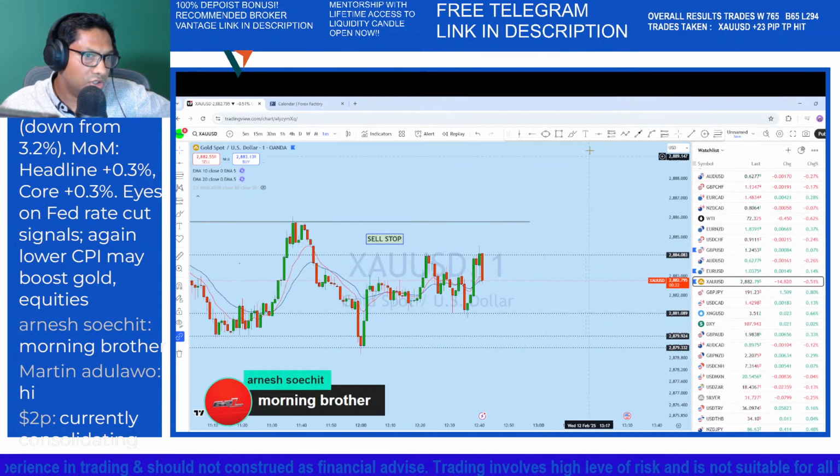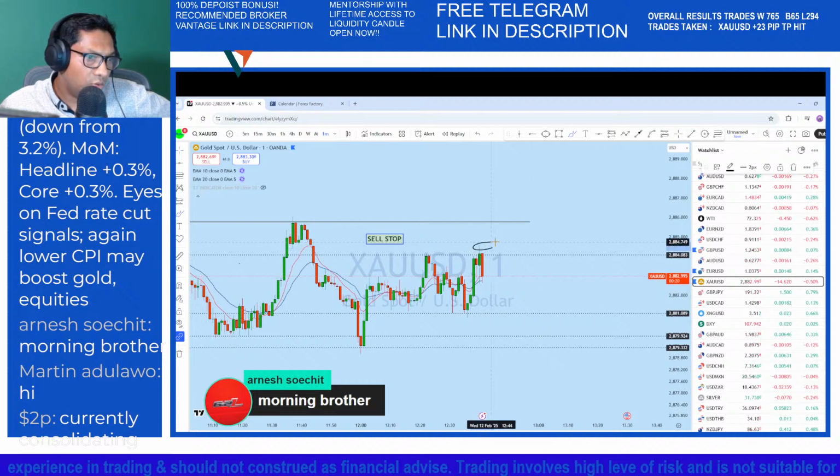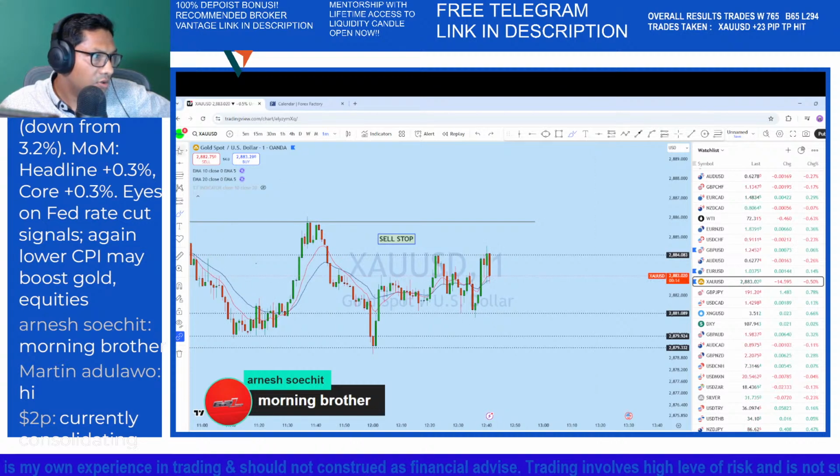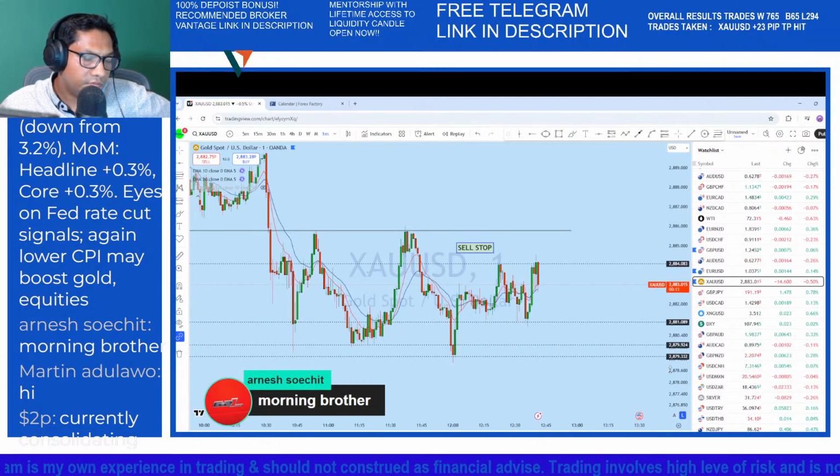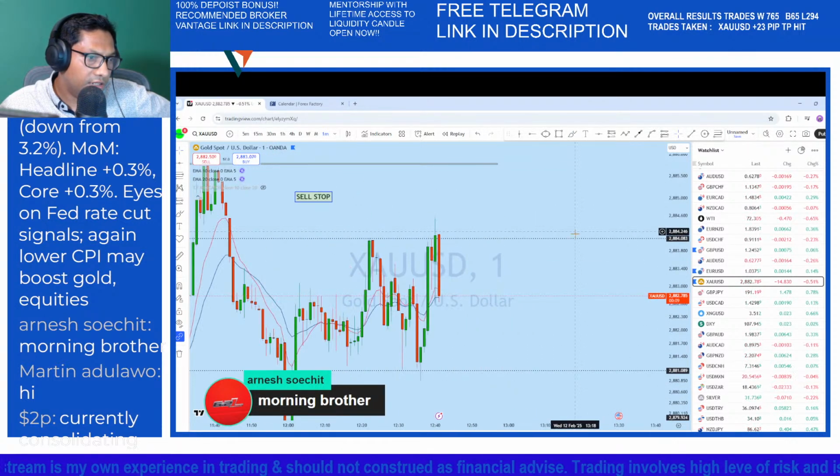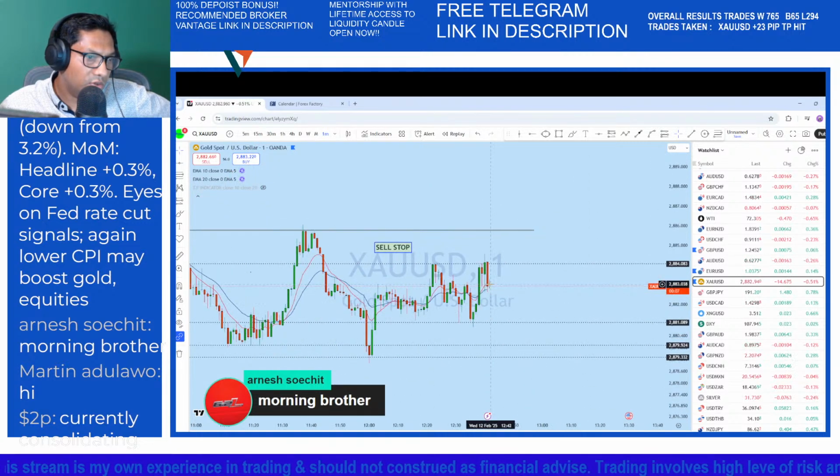Okay, you can see this is a doji, and with this doji, expecting for the price to potentially come back here to that support level to create a new lower low. And with that in mind, we can expect the market to potentially come back here, this is a support level here.